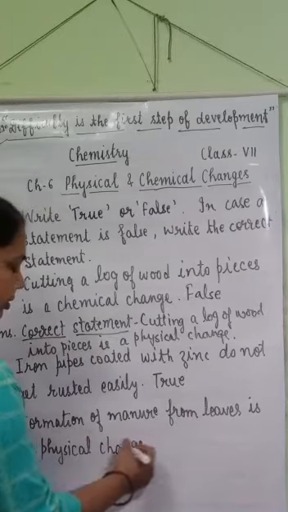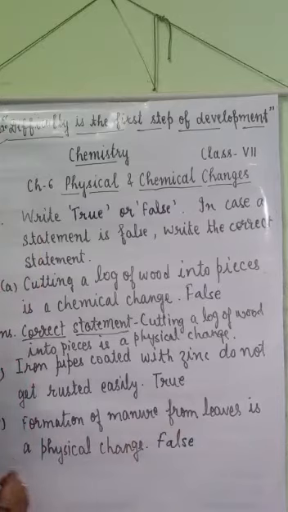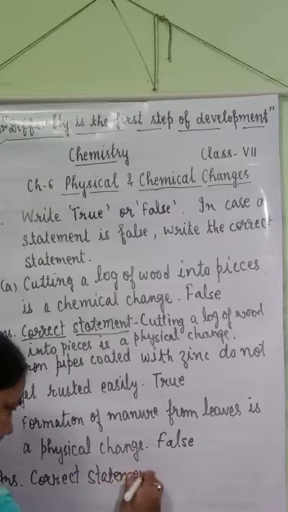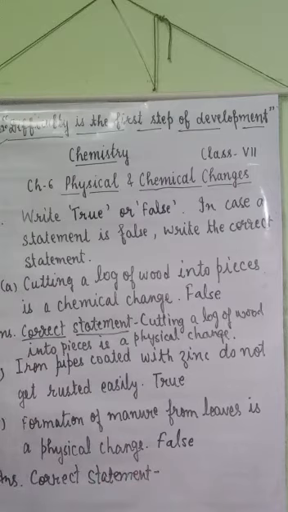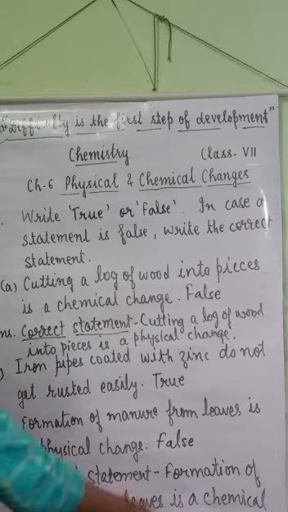So this statement is false. And you have to write the correct statement: formation of manure from leaves is a chemical change.